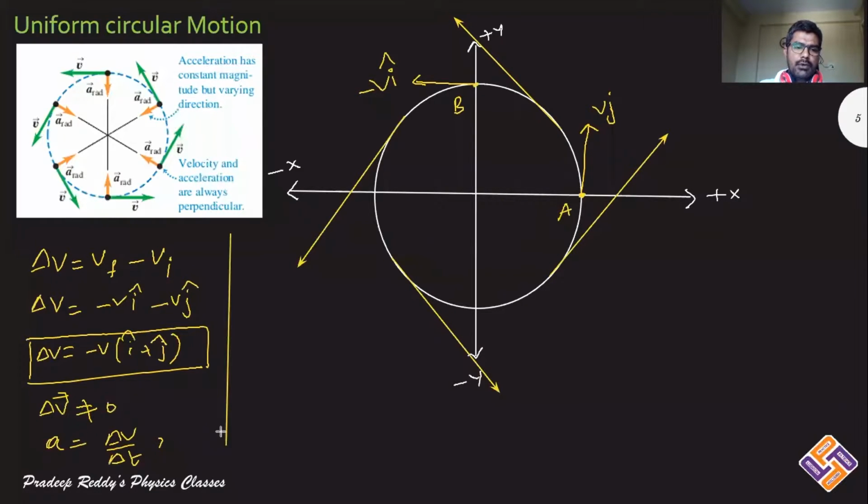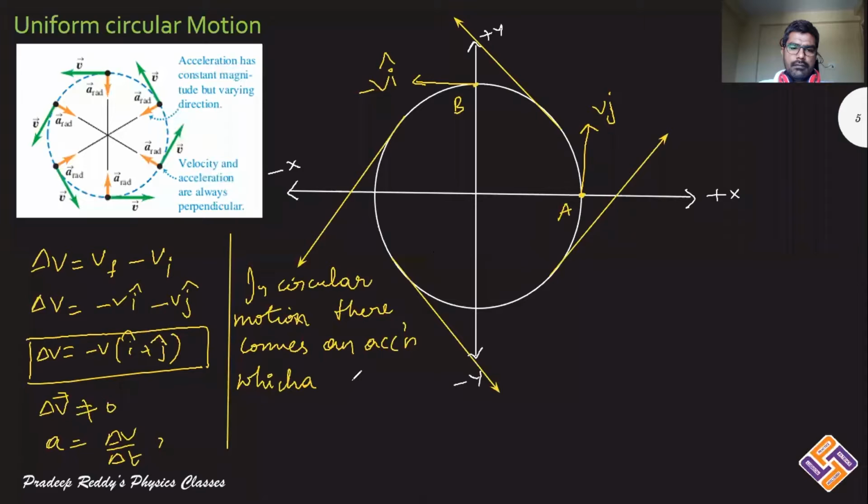Therefore, in circular motion, there comes an acceleration which changes only the direction of velocity without changing any magnitude. There is no change in magnitude, but only direction is changing.